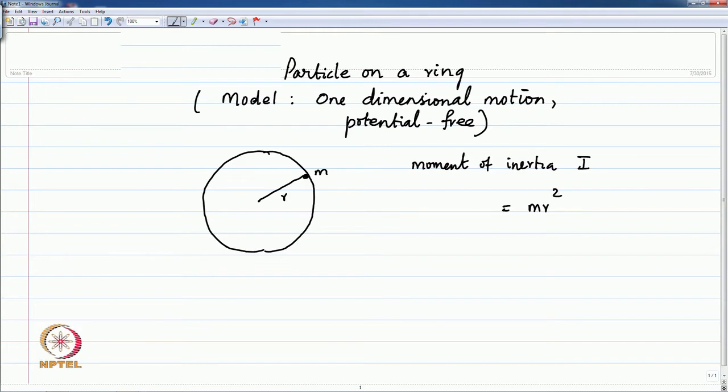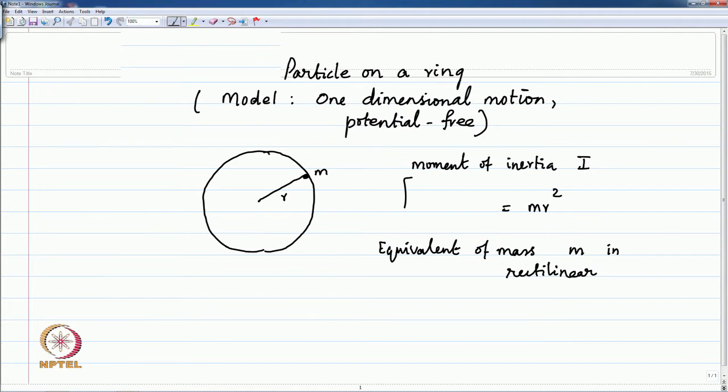The moment of inertia is essentially the equivalent of the mass in rectilinear motion, that is motion in a frame in which there is no external potential.